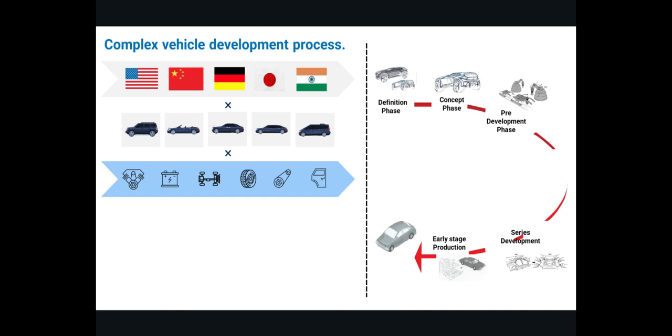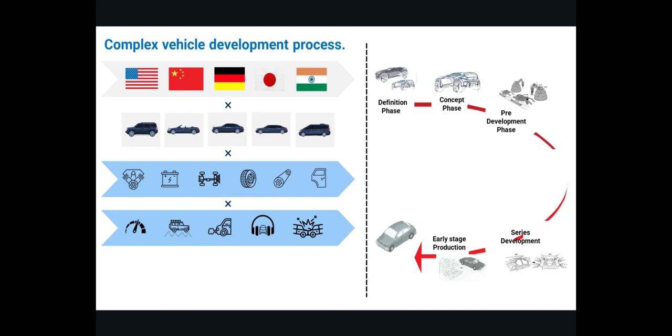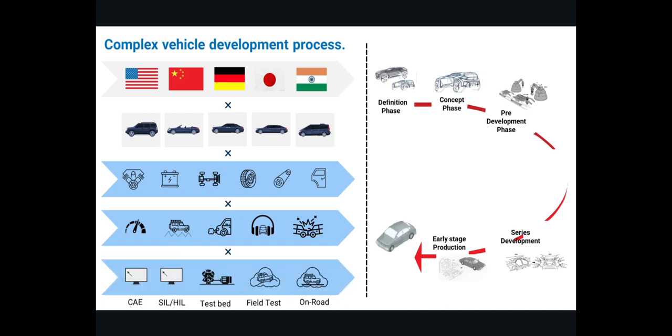And among them, validation is performed on various evaluation parameters such as performance, durability, emissions, and noise vibration. And yes, the test is performed in various forms such as a simulation test, a component unit test, and an actual vehicle test.